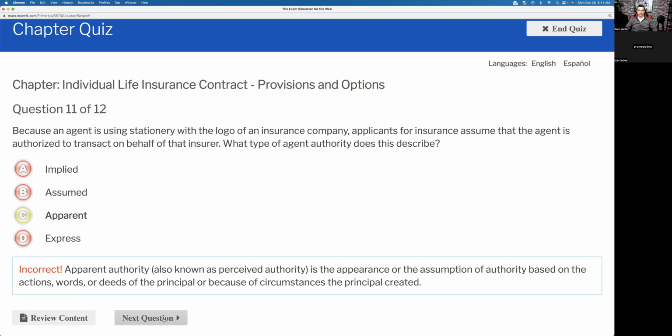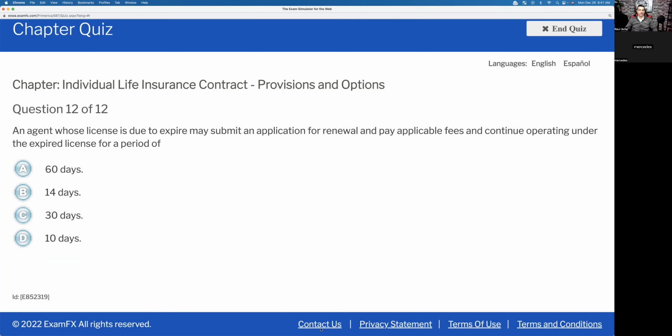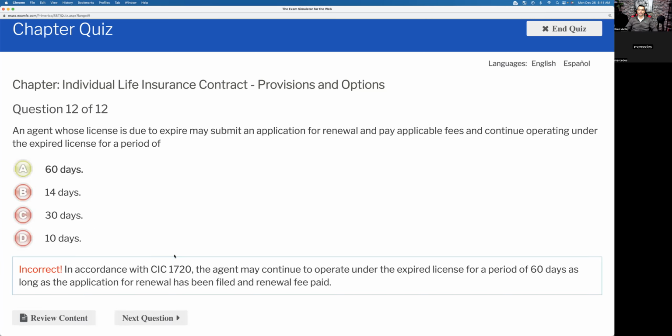It's not gonna let me go to the next one until I click next. All right, next one. An agent whose license is due to expire may submit an application for renewal and pay applicable fees and continue operating under the expired license for a period of 30 days. Didn't we just read this?